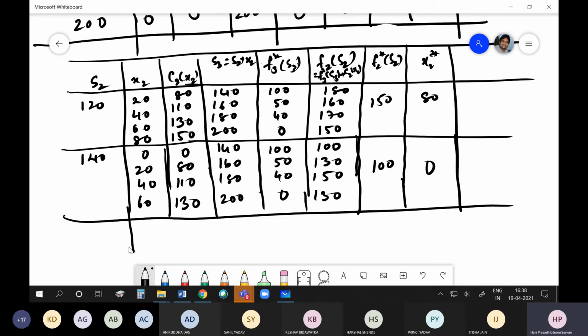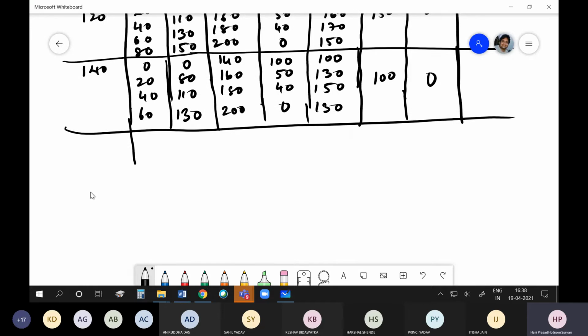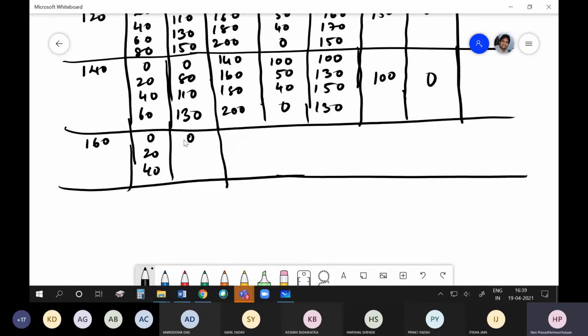160. If I have 160, what are the possible values? 0 to 40. Yes. So 0, 80, 110.